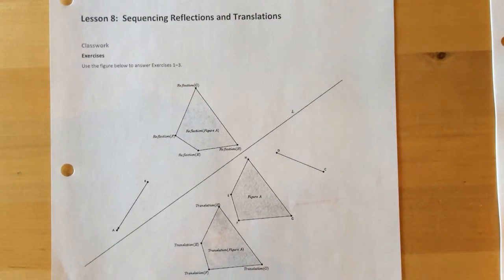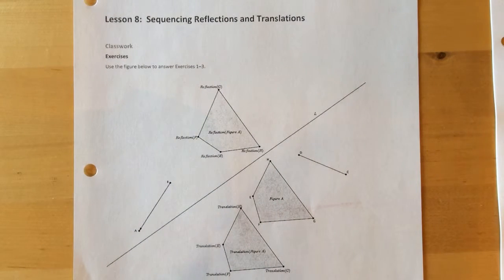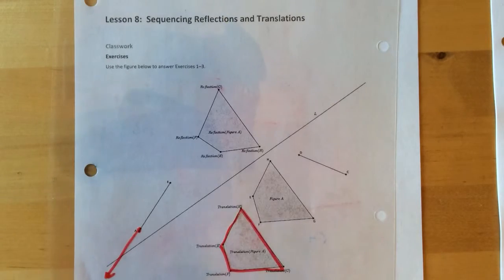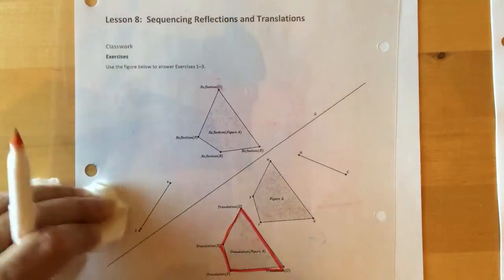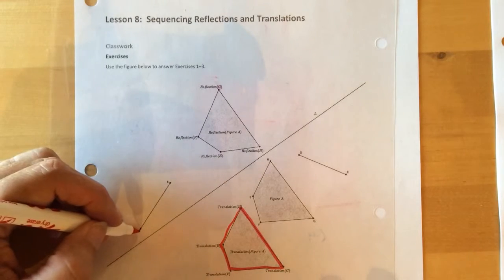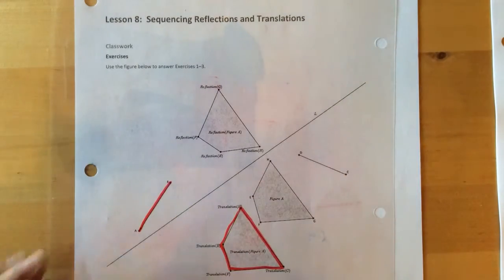Okay, so, but what's our question? Describe a sequence of translations that would map figure A back onto its original position. Okay, so like we just said, if I want to map it back onto its original position, then I'm going to need to translate along a different vector, and I'm going to use vector AB that way.